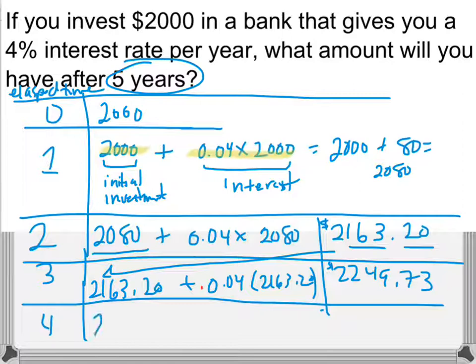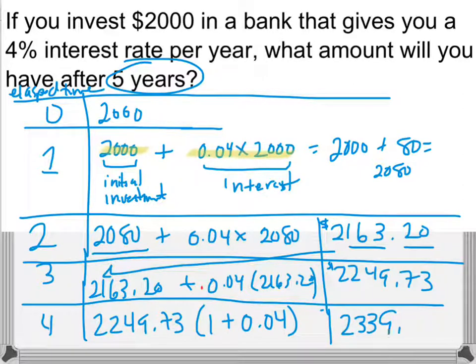You can take the 2,249.73 and multiply this by 1 plus the interest rate, which is 0.04. So 1 plus 0.04 would be 1.04. So we take this, we multiply by 1.04, and we would get 2,339.72 if you round that to the nearest cent.